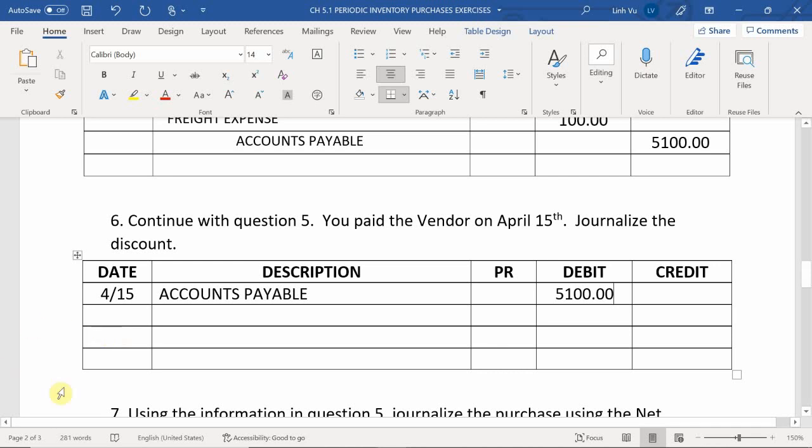No, you're not, because you made the discount period. So what account am I going to use to reflect that? Purchase discount. Excellent. Here's my contra account for the purchase discount.